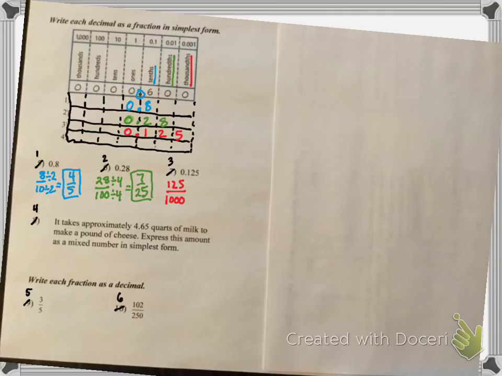Now this has for sure 25 in common, top and bottom. And that's going to give me a 5 over a 40, because 25 goes into 100 4 times with a leftover 0. But I did notice 5 can go into both of those. So it gives me 1/8. So 1/8 is the same as 125 thousandths.